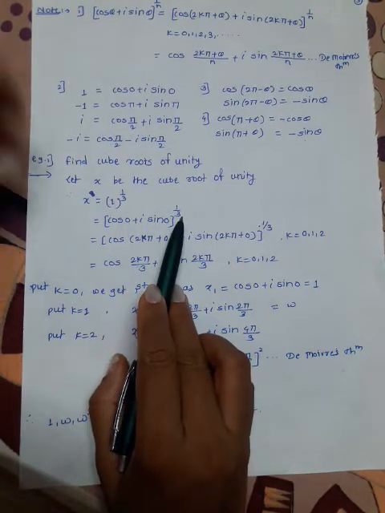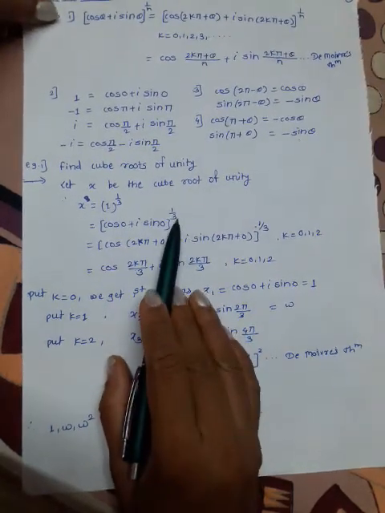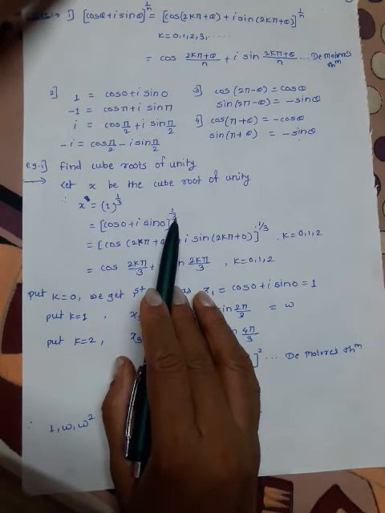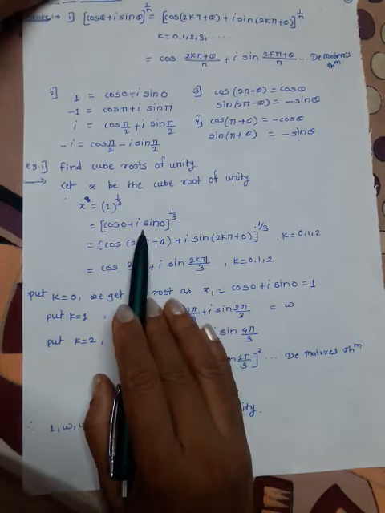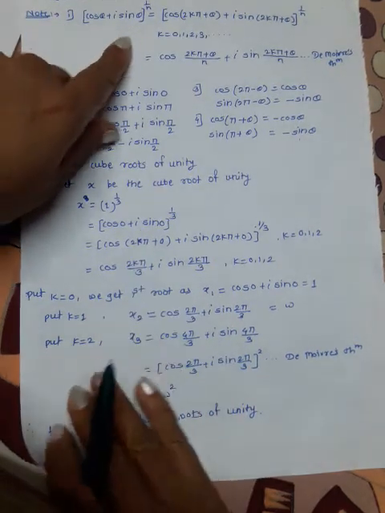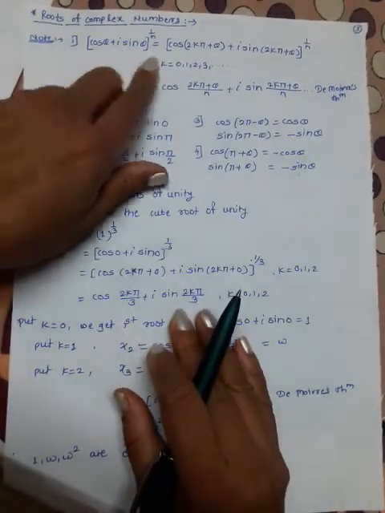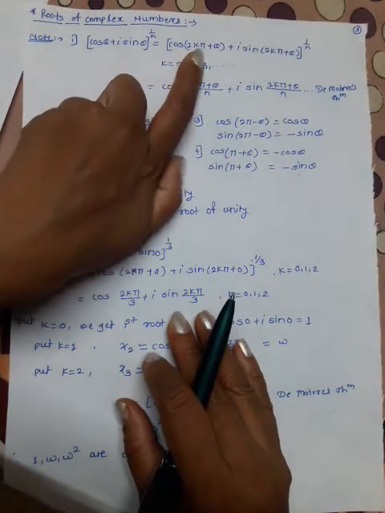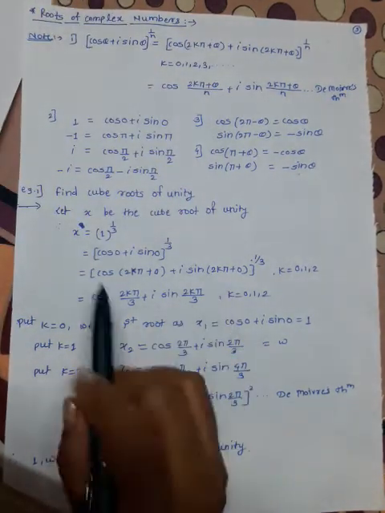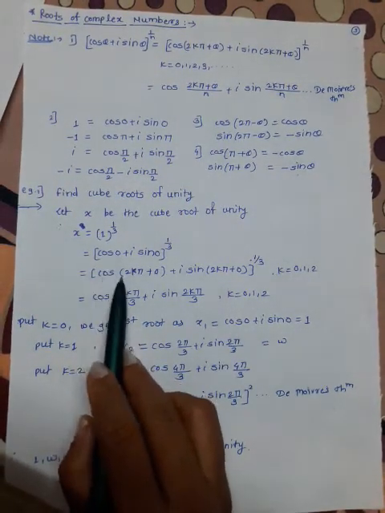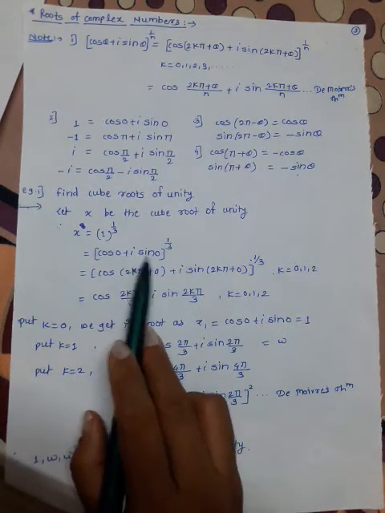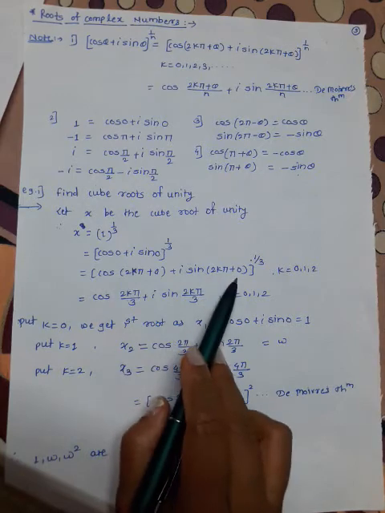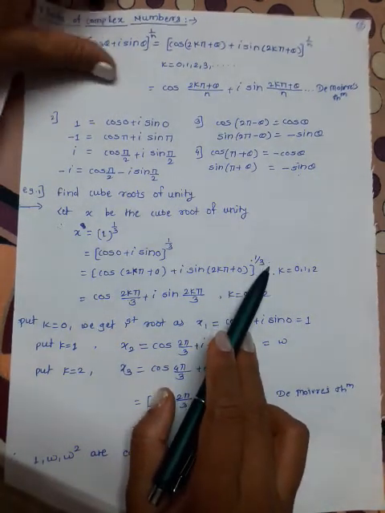Now, before using De Moivre's theorem, that is before taking this 1 by 3 inside the bracket, you have to add 2k pi to the angle theta. Therefore we add 2k pi to 0, that is cos(2k pi plus 0) plus i sin(2k pi plus 0), raised to 1 by 3 as it is.